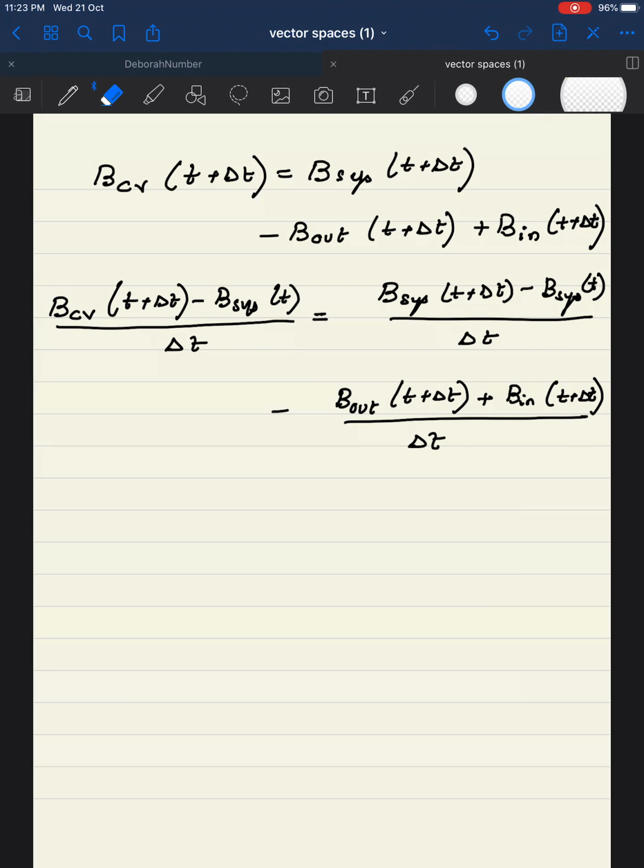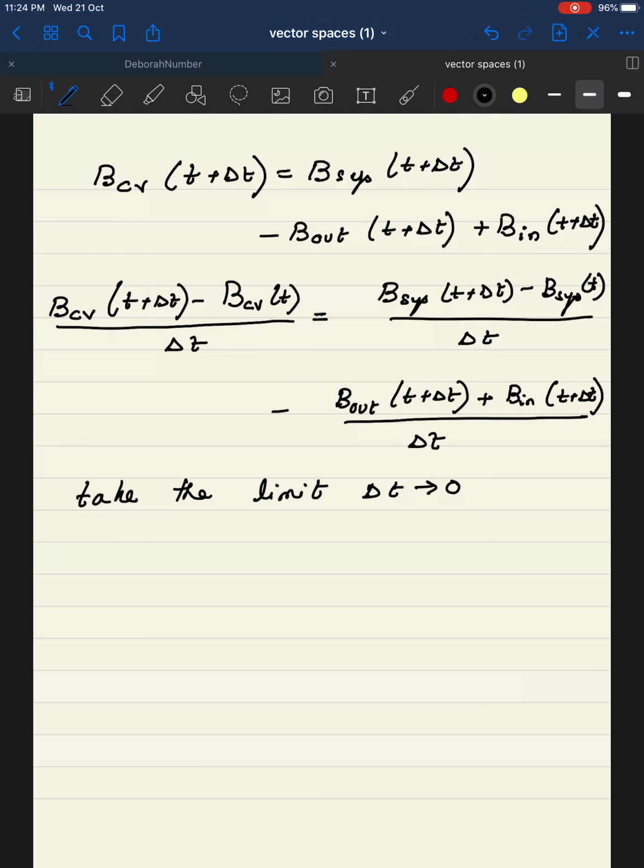So I can actually change this to B cv and then take the limit, delta t tending to 0.